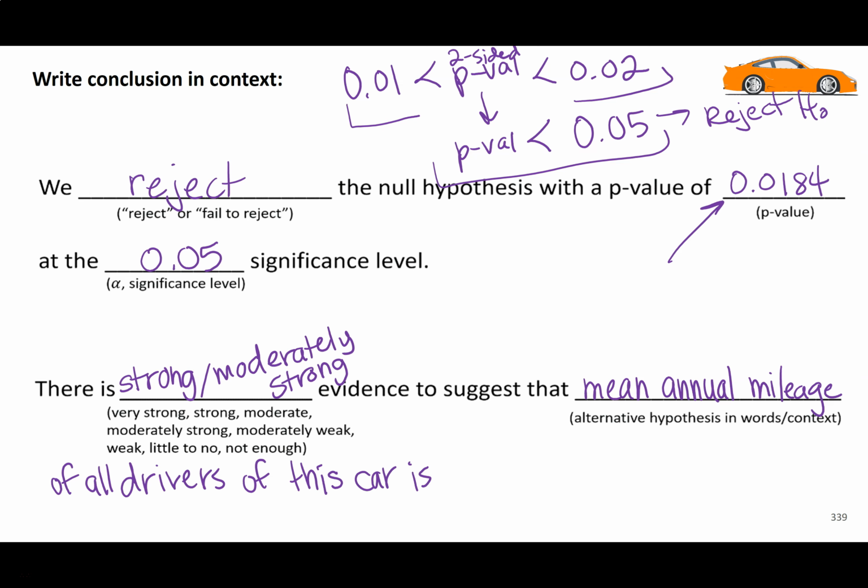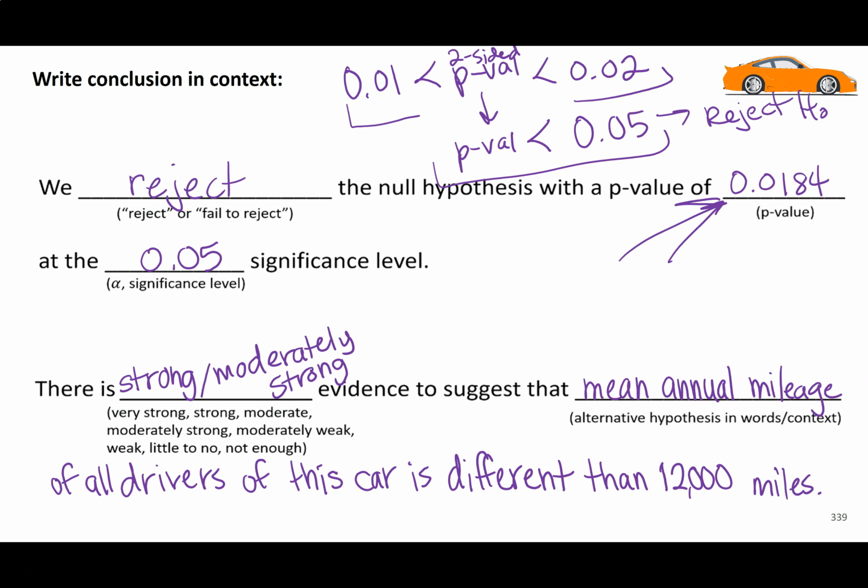So the alternative said it was different than 12,000 miles. So we have strong evidence to suggest that the mean annual mileage of all drivers of this car is different than 12,000 miles.